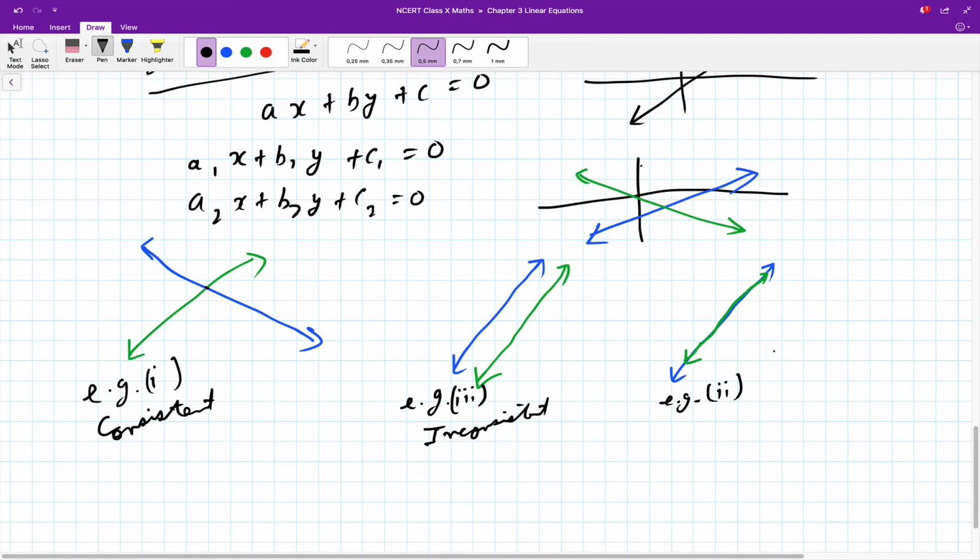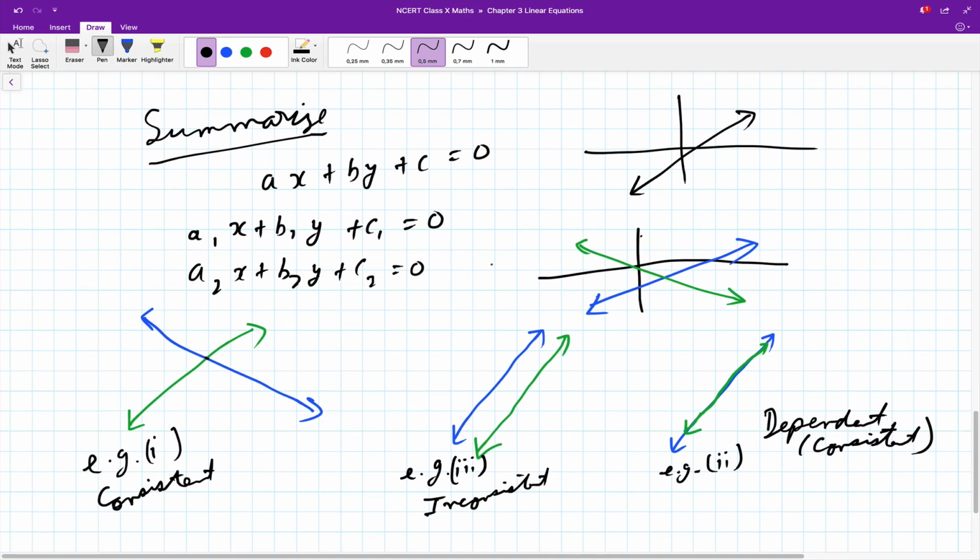So we have infinitely many solutions. So this is called a dependent pair of linear equations. So it is also consistent because it has at least one solution, but since it has infinitely many solutions, it is called a dependent pair of linear equations. So basically this is what we did today.